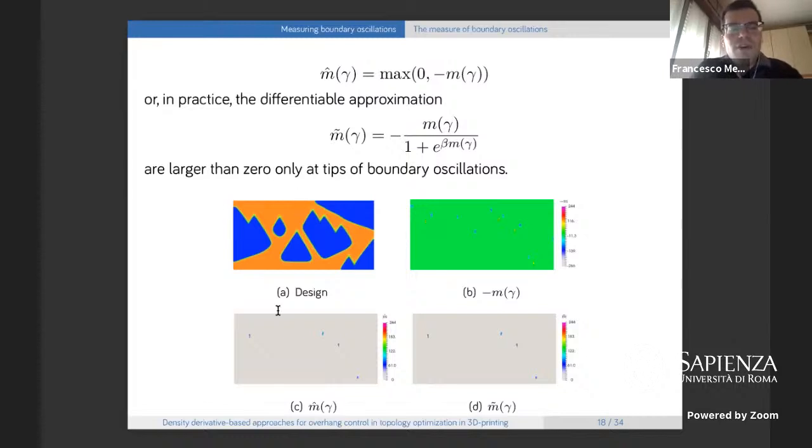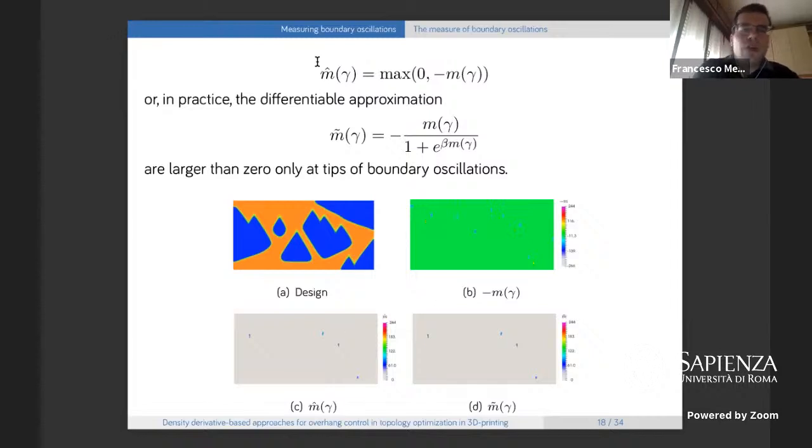In the figure, we again have our usual oscillating design. On the top right, we have a representation of minus M of gamma. You can see that this function is larger than 0 only at tips of boundary oscillations, while it is negative at valleys of boundary oscillations and also in top parts of holes.